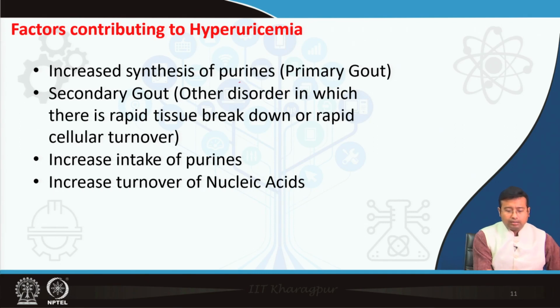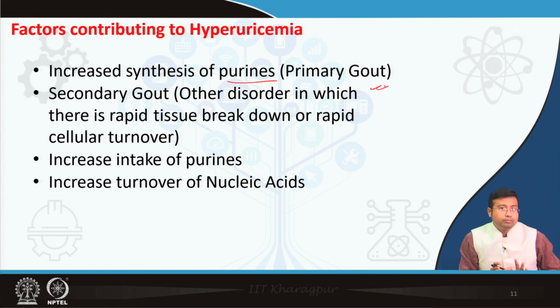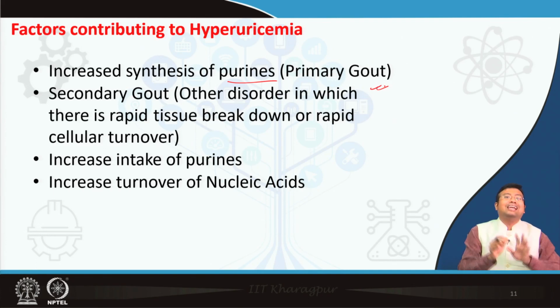Number one, increased synthesis of purine, which is also known as primary gout. There is a process by which the normal metabolism of nucleotides is enhanced. What is secondary gout? Secondary gout means there is overproduction of uric acid, not due to a change in the pathway. It is rather more and more destruction of purines related to some other cause.